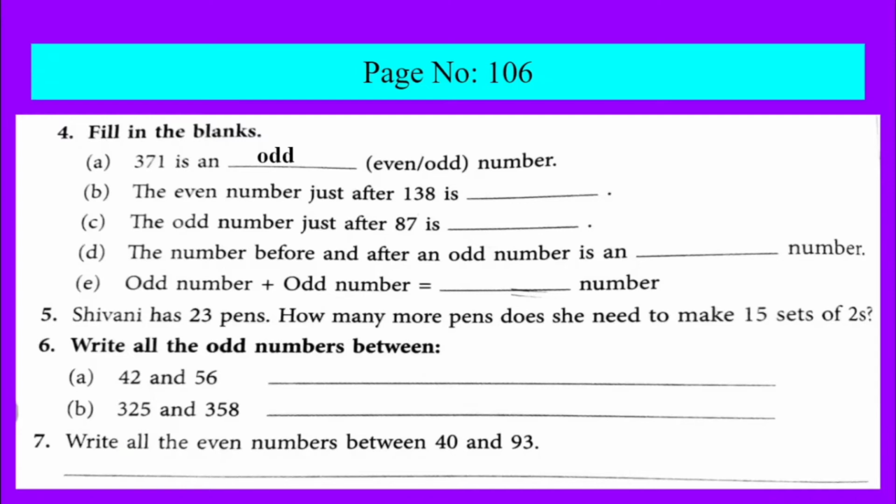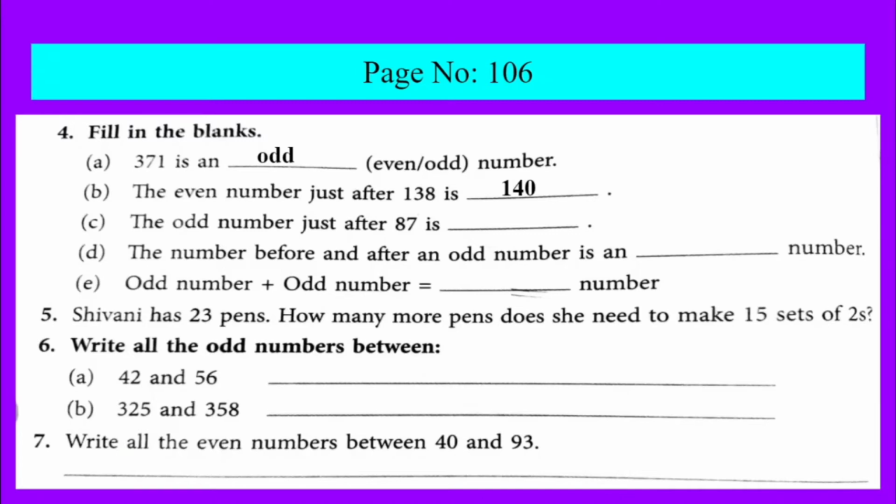So now which number comes after 139? Very good, 140. So is 140 an even number? Yes, 140 is an even number because it ends with the number 0. So children, the even number just after 138 is 140. So we will write 140 in the blank space.